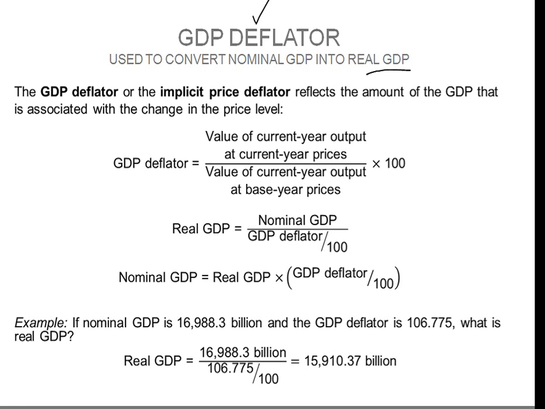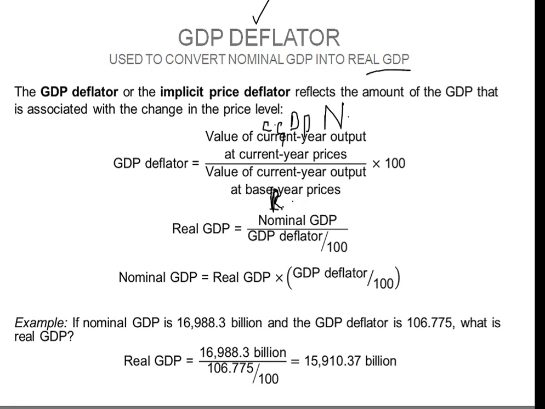So GDP deflator is equal to the value of current year output, meaning current nominal GDP, divided by real GDP, multiplied by 100.